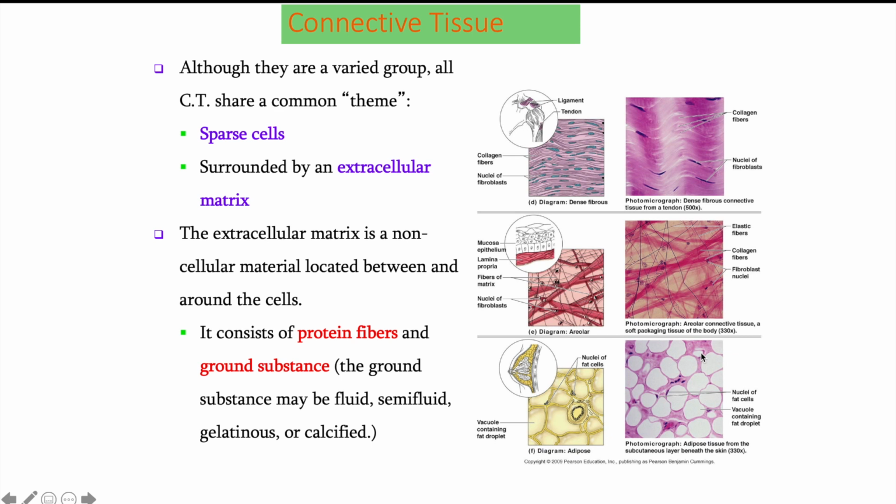And so it still fits into the connective tissue category. This is also going to be a supporting tissue that wraps around organs for protection, and it helps to bind things together, to hold things together, and it's also, of course, important for the energy storage of fat.